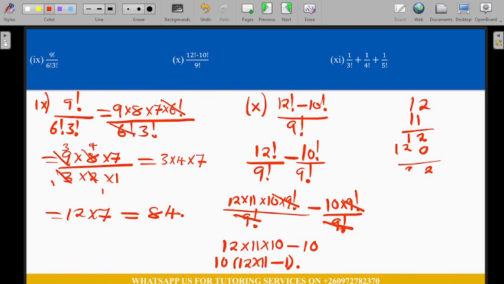So 2 here, 3, 132. So now this gives 10 times 132 minus 1, which will give 10 times 131, which will give 1310. So that would be the answer.